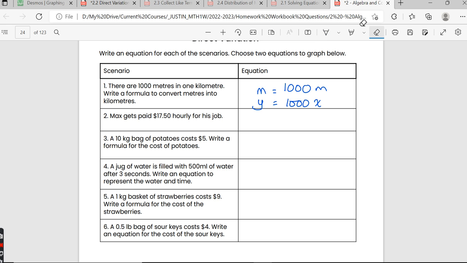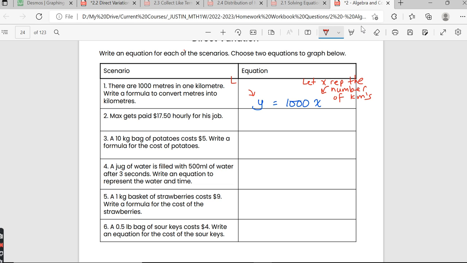Let me just erase this. Oh wait, I made a mistake here, didn't I? I had these 2 switched. So x should represent the number of kilometers, yeah. So let x represent the number of kilometers. Yeah, that makes more sense.